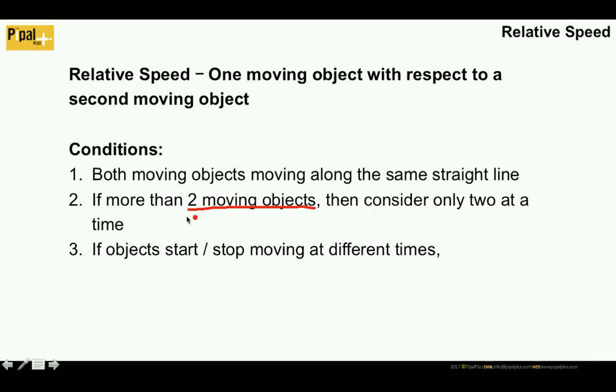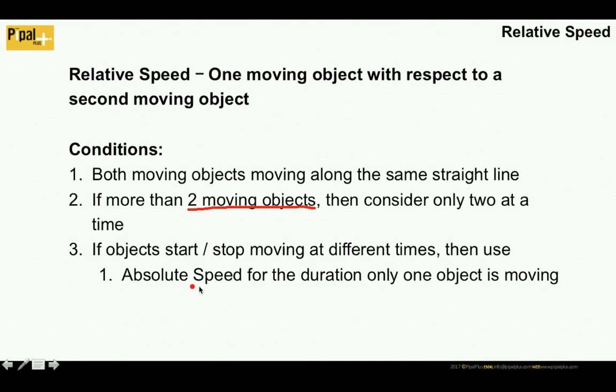The third condition that you will remember is that in case the moving objects are starting and stopping at different times, right? In that case, you will apply absolute speed for the duration when only one object is moving. Now, this is likely to happen at the beginning of, let's say, the time when it is given that the first object starts moving and the second object has not yet started to move.